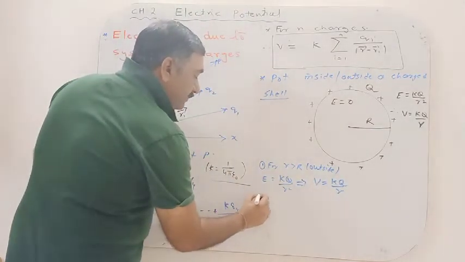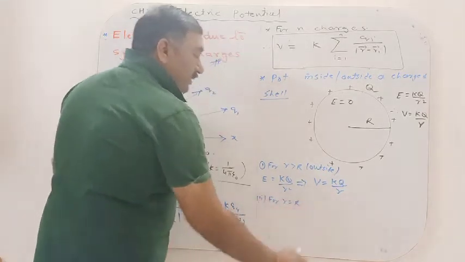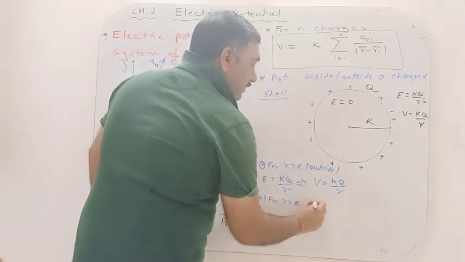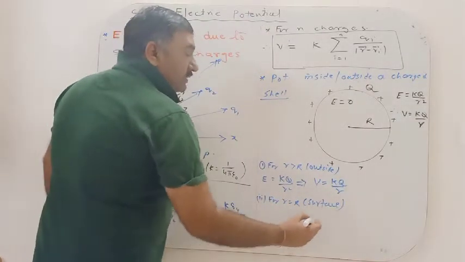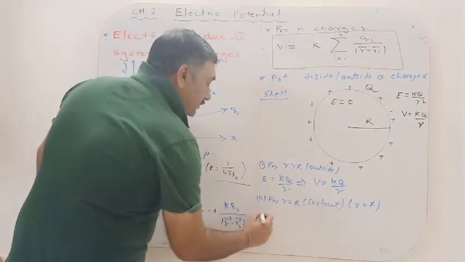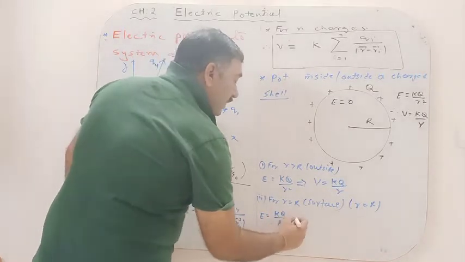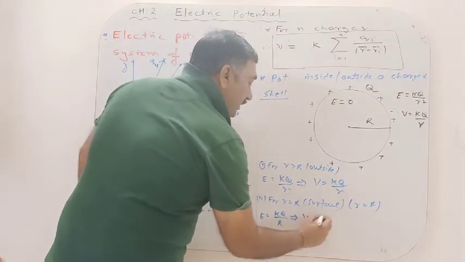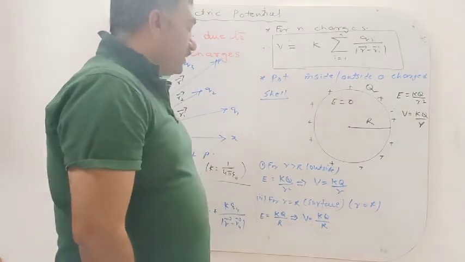And second, for r equal to capital R, on the surface of the shell, small r is equal to capital R, so the electric field becomes kq by R square, which implies the potential becomes kq by capital R. That remains constant on the surface.